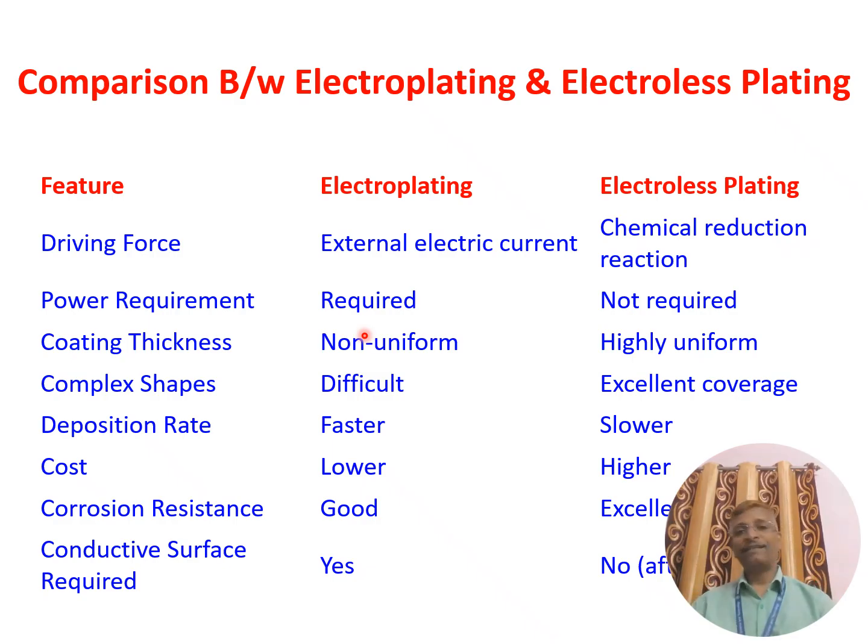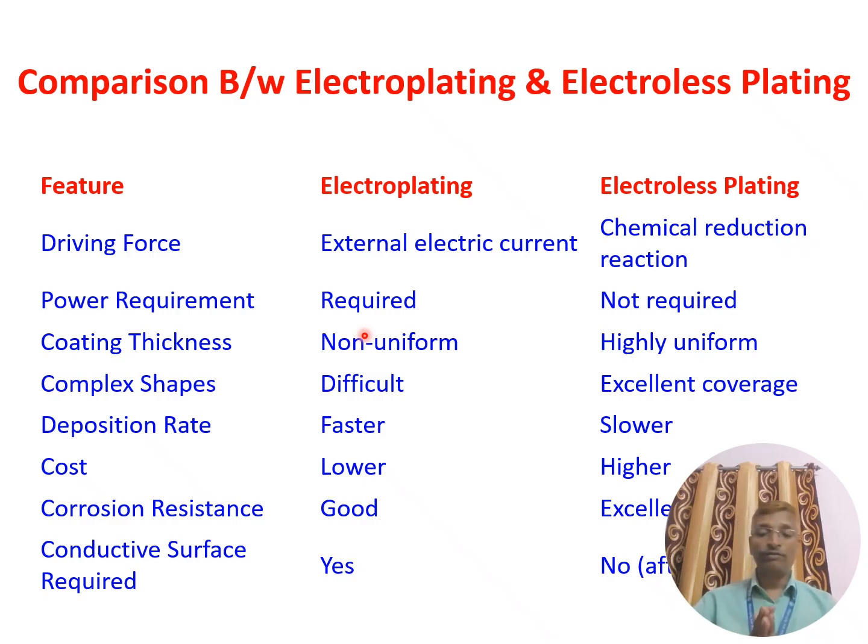Students, I hope you understand the mechanism of electroplating and electroless plating, what the advantages are, and how we have to make a pre-treatment of the base metal. That is very important in both electroplating and electroless plating. The pre-treatment of the metal object is very essential.